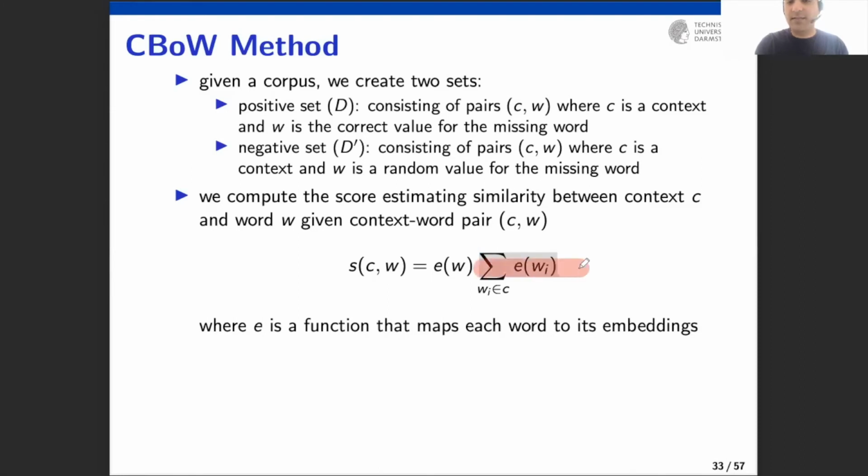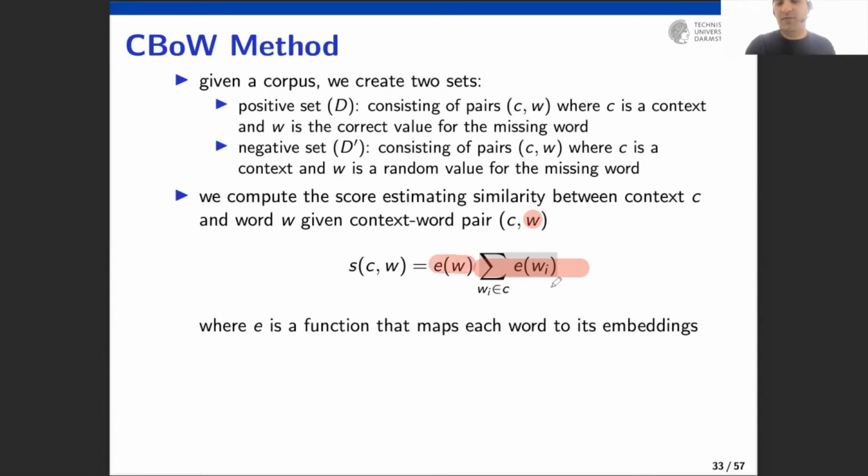We call that the context representation. The point is that if word W is a good fit for the context, then the vector representation of the context and the word should be similar to each other.